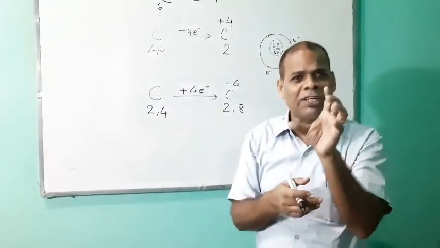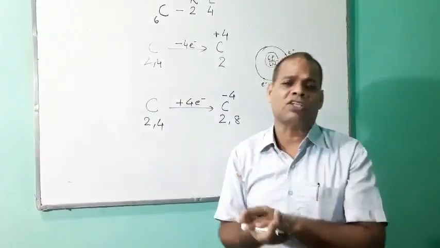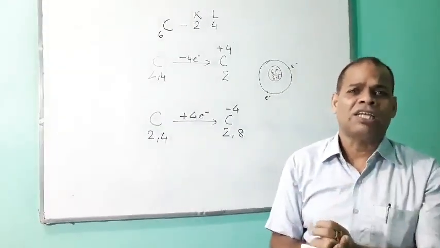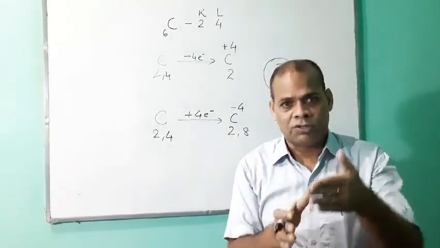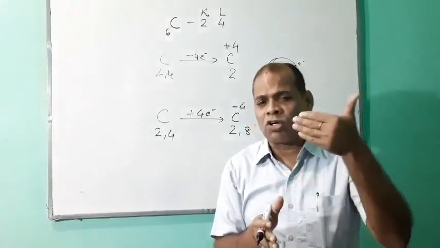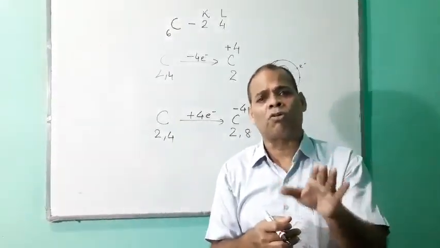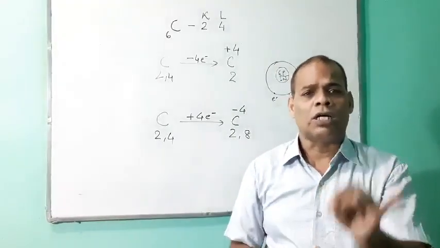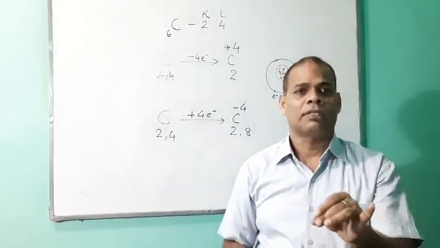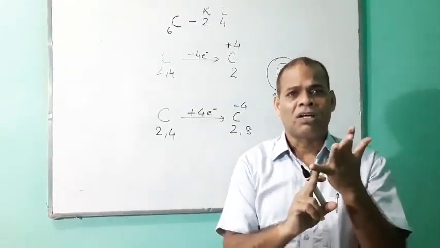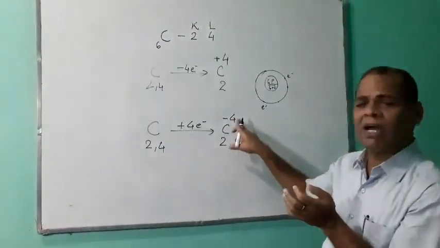Since carbon is very small in size, adding 4 more electrons to the outermost shell causes electron repulsion. So due to electron repulsion, the addition of 4 more electrons is also not possible in the case of carbon.